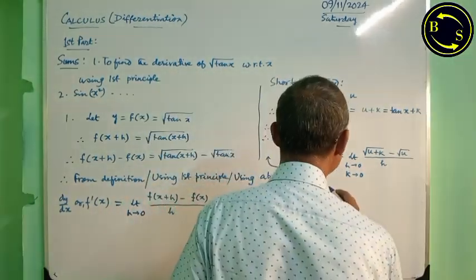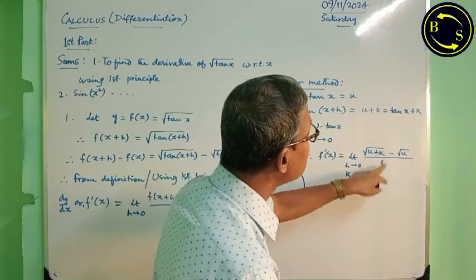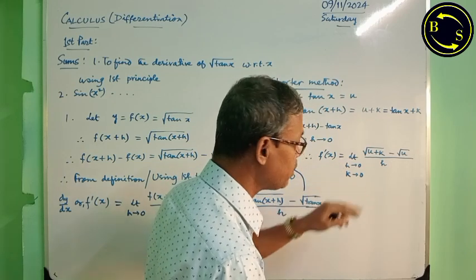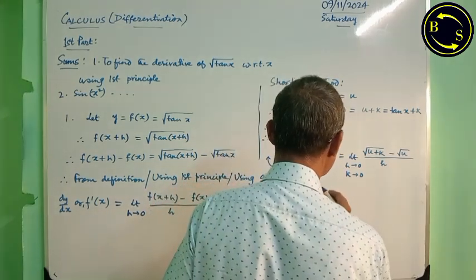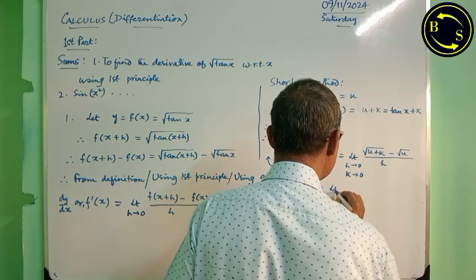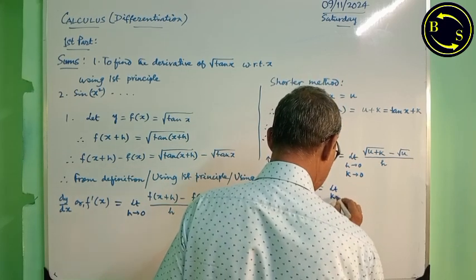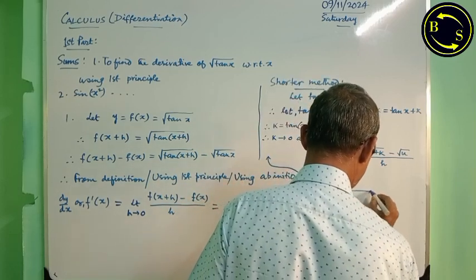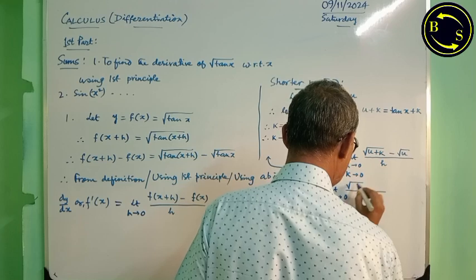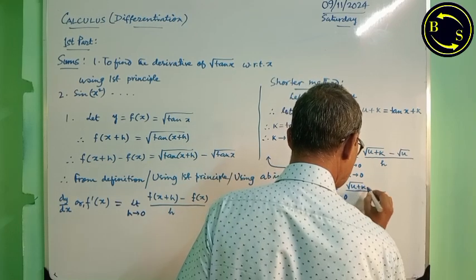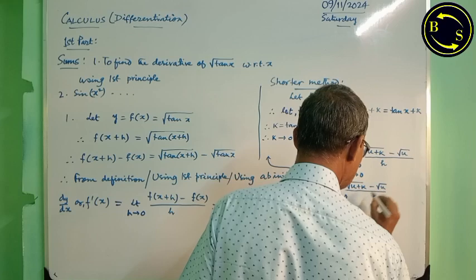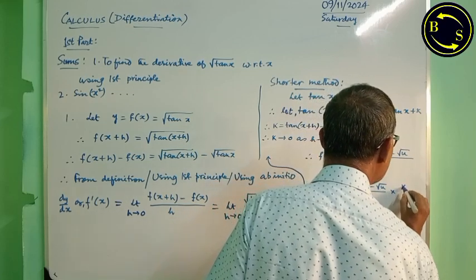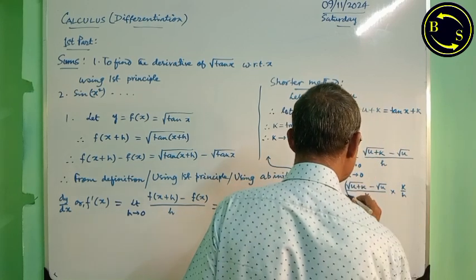Now here k and h are both present, therefore I write h tends to 0, k tends to 0. That can be written as limit k tends to 0 of root over u plus k minus root u by k into k by h.